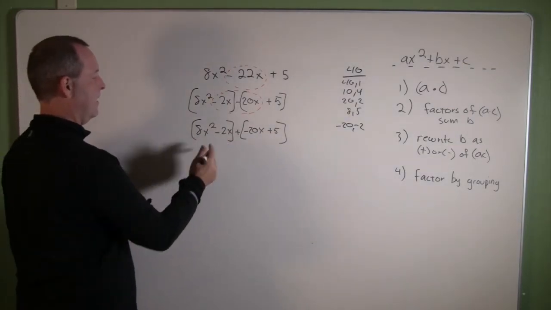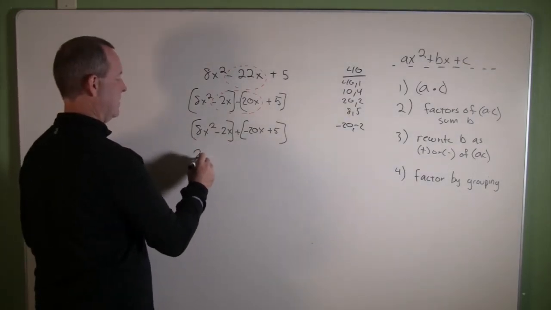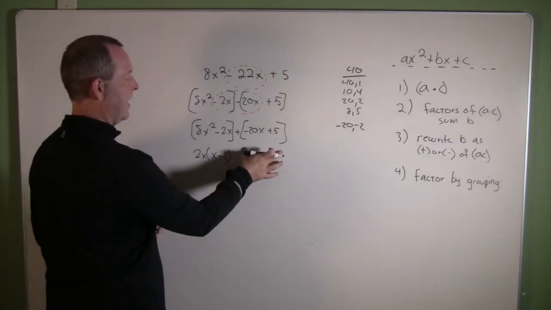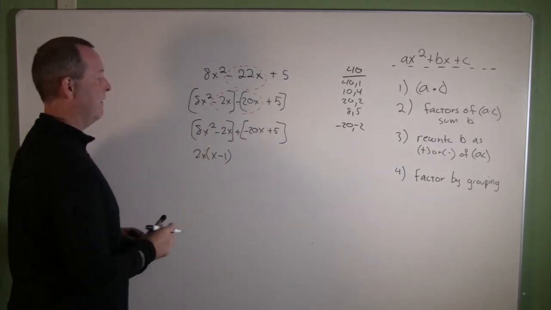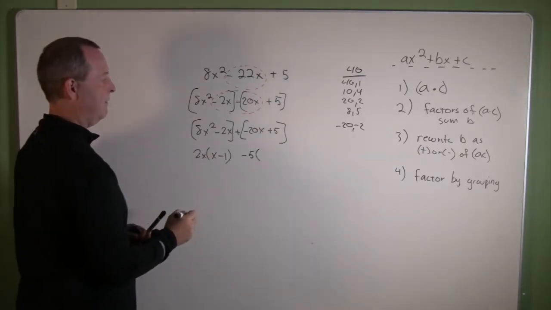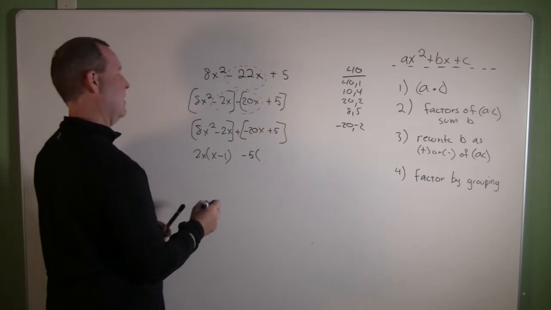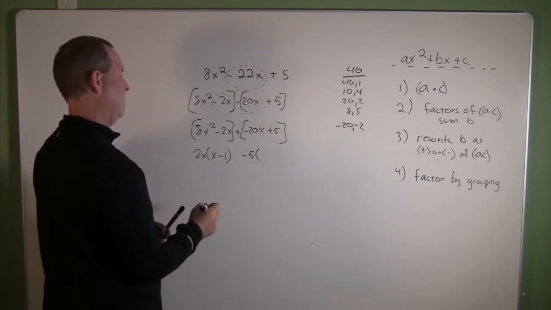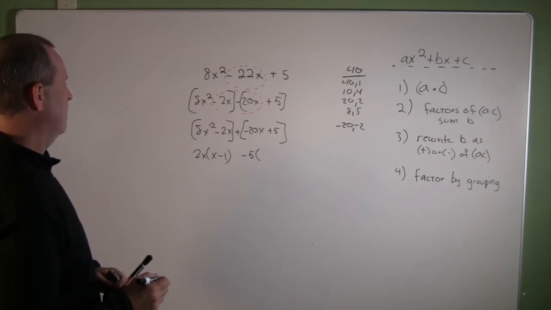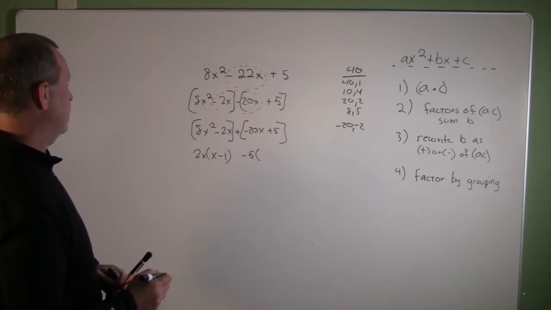So what factors out here? Looks like a 2x. And what's left is an x minus a 1. Factoring out here, I can factor out a negative 5. And then what's left? I have a 4x.